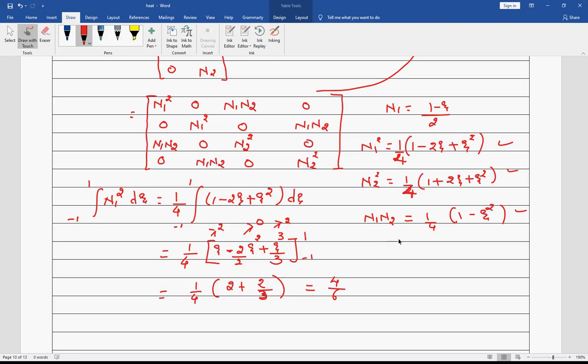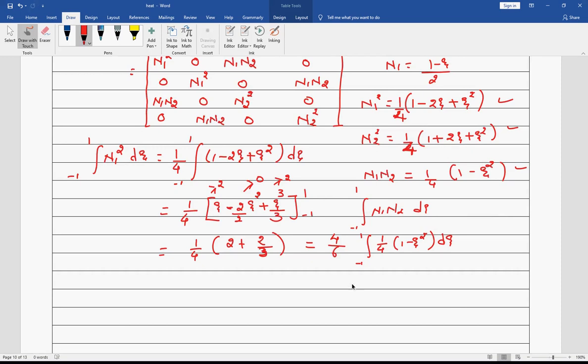Okay. Now we will see the integration of N1 N2 d xi from minus 1 to 1. So that is the integration from minus 1 to 1. I get 1 by 4 times (1 minus xi square) d xi, and I take out 1 by 4 as a common factor.